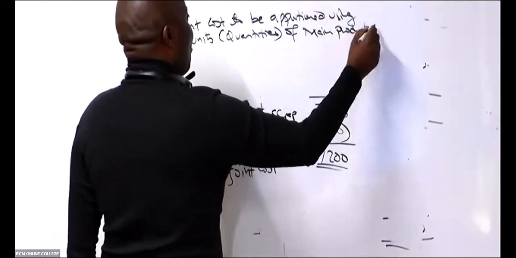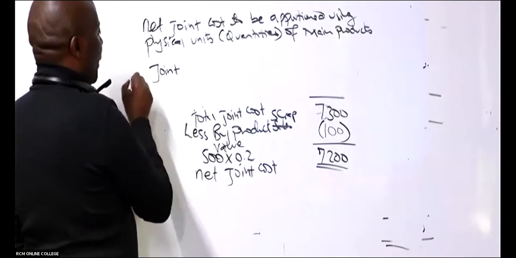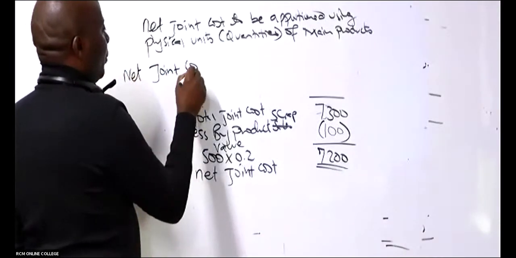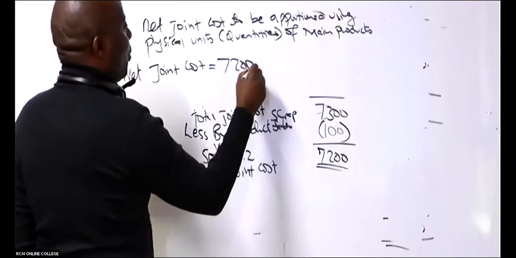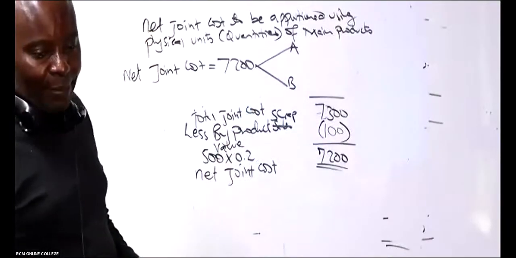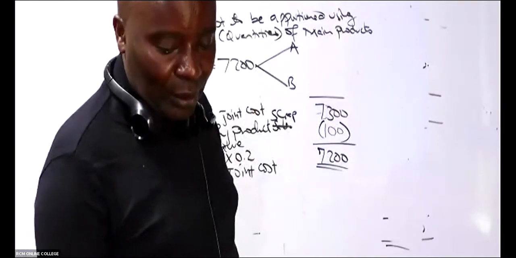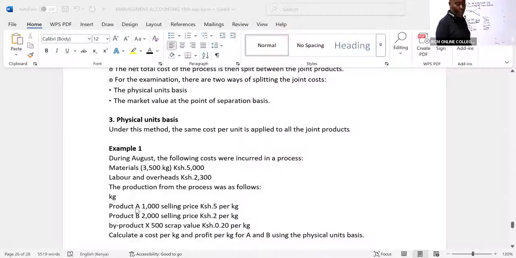Don't use byproducts. So we have our net joint cost, which is 7,200. We have two main products, A and B. Do we have their physical units? Yes. On this physical units basis, product A is 1,000 kilograms and B is 2,000 kilograms.